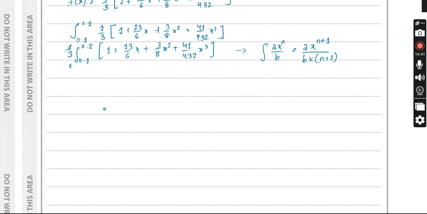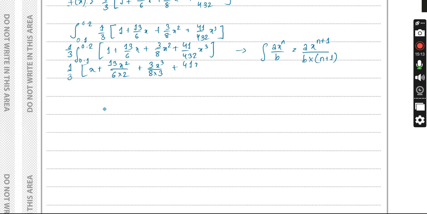So it will be 1 by 3. Integration of 1 is x. It's actually x to the power 0, so x to the power 0 plus 1 divided by 0 plus 1 is just x. So it will be 13 x squared by 6 multiplied by 2, plus 3 by 8. This would become 2 plus 1, x to the power 3 multiplied by 3 in the denominator, plus, this is x to the power 3, so it will be 3 plus 1, x to the power 4.